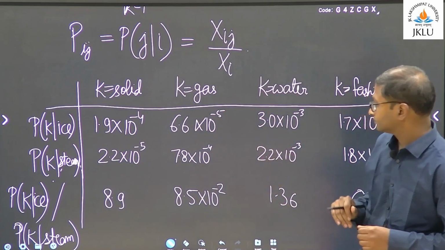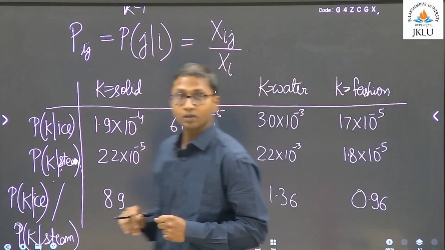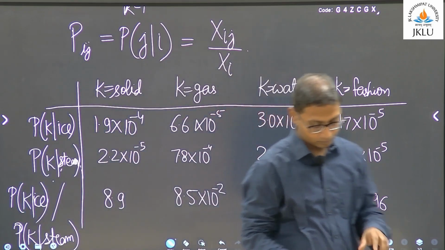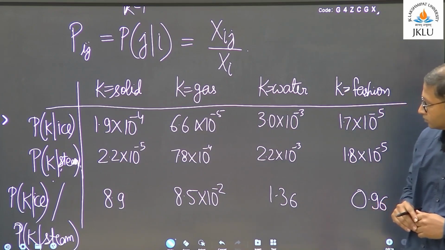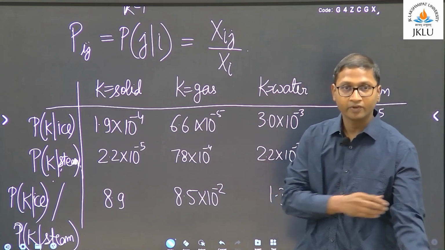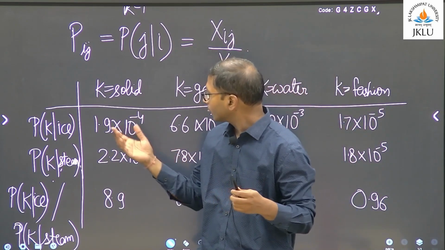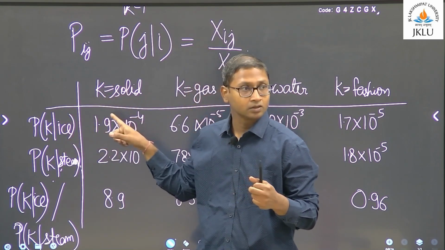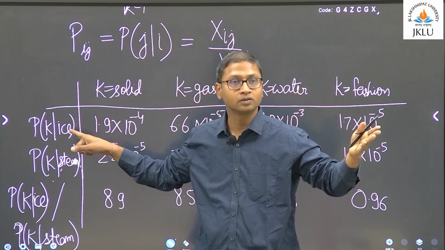What does it mean? See, everybody agrees, at least anecdotally, that probability of solid given ice is high, because ice is which state of water? The solid one.